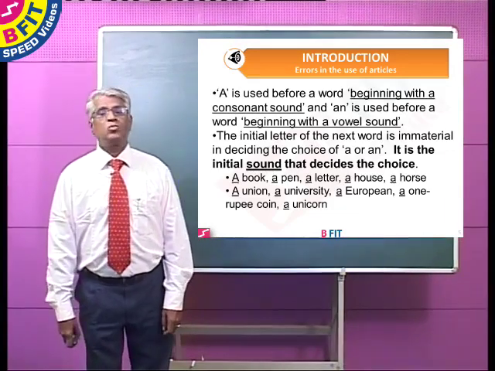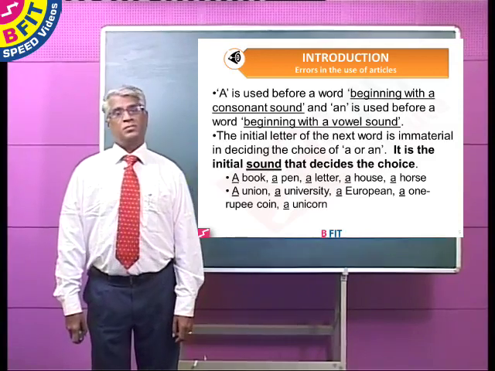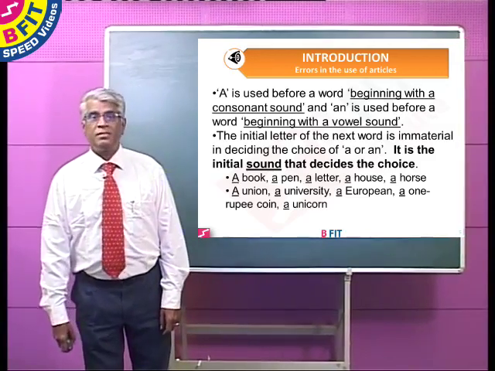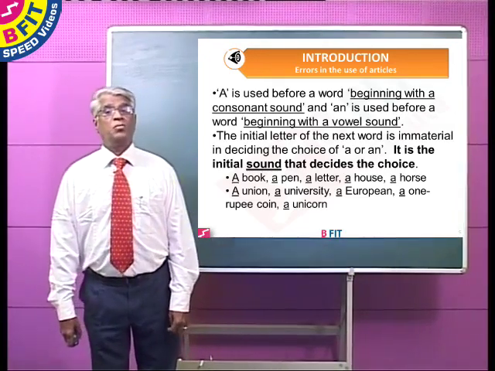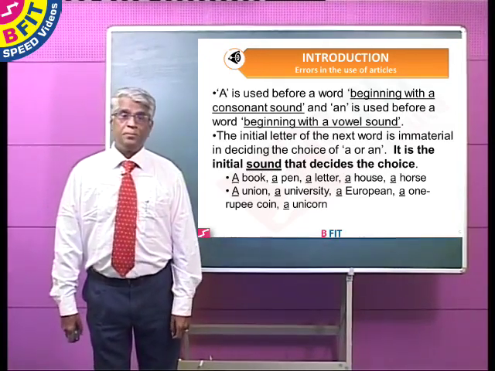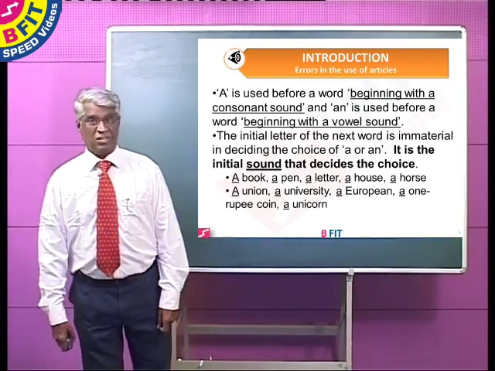If the next word starts with a vowel sound, we use an, and if it starts with a consonant sound, we use a. Now comes the question, what are vowels?